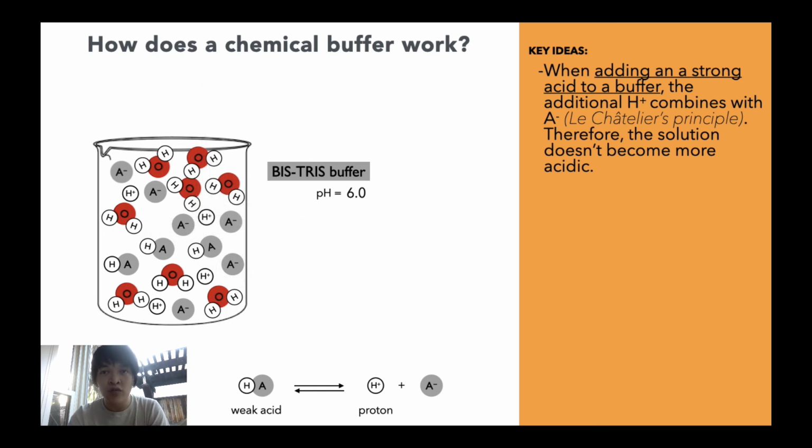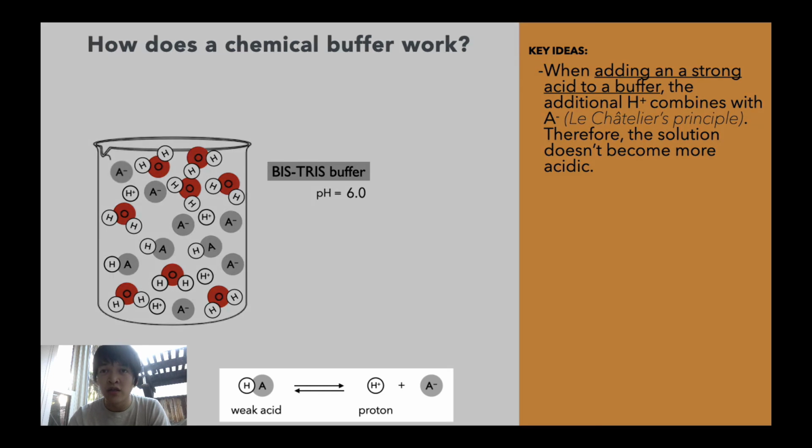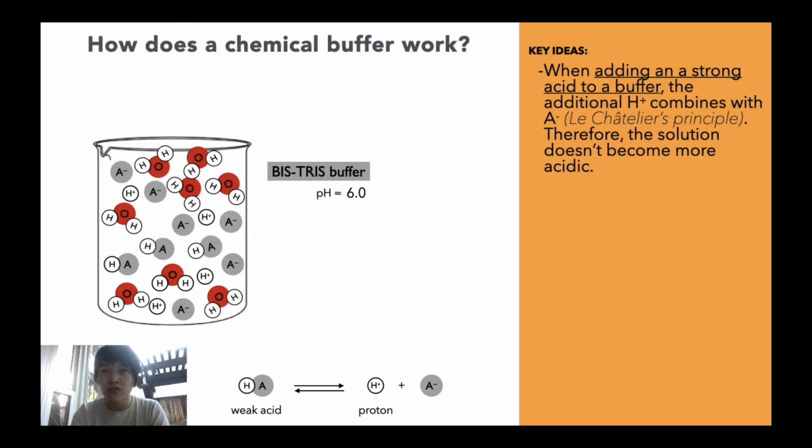If you were to look at the equilibrium equation on the bottom, we could explain this with Le Chatelier's principle again. When we add base into a buffer, the hydroxide ions from the base will combine with the protons from the solution to form water. That means the amount of H+ ions will decrease, and this is a stress to the equilibrium system.